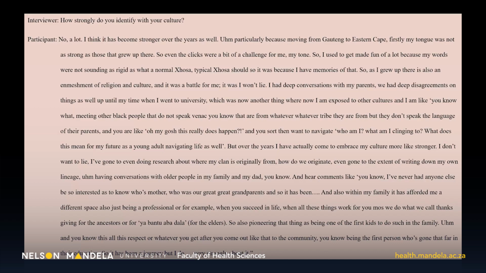So it makes sense to you that the person who's going to code this is going to keep that question at the back of their mind and really think around, first of all, how does the question, do you identify with your culture, fit into this broader understanding of how a Xhosa individual finds their feet in private practice? And that's going to influence what it is we're coding for.